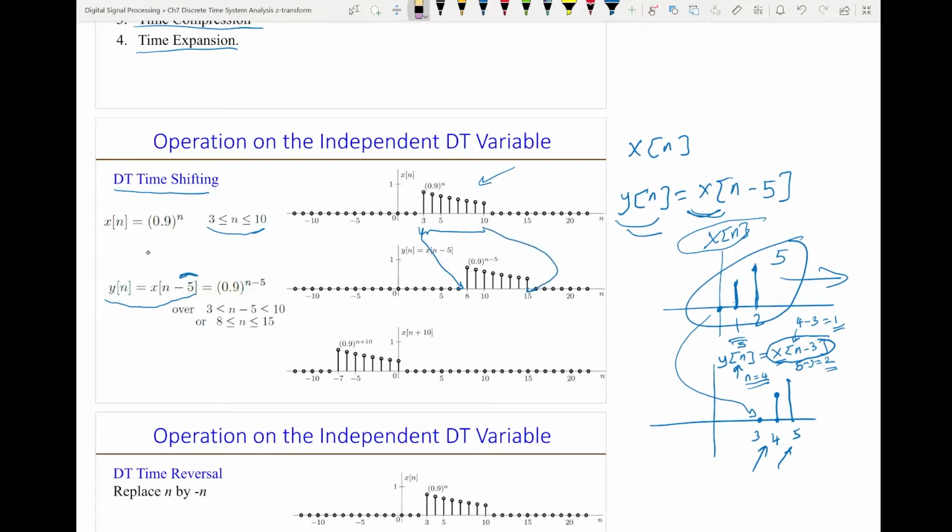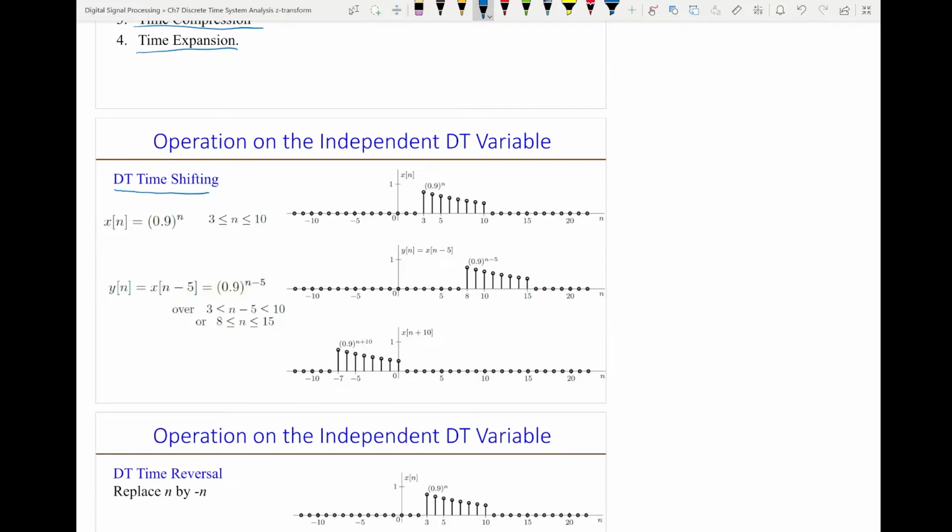Let's clean up. Also, I can think of it mathematically as follows. Now, if I want to create this new signal, which is x of n minus 5, basically wherever I see n here, I replace it by n minus 5.